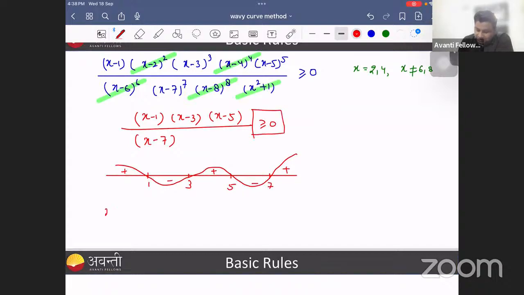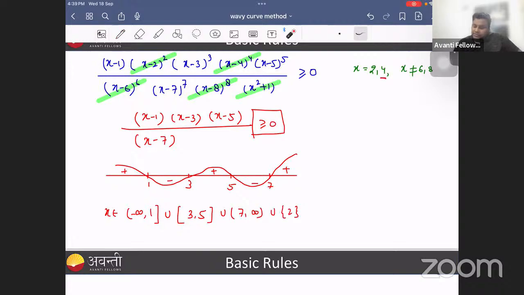More than 0 means x belongs to minus infinity to 1 inclusive, because it is the root of the numerator, union 3 to 5, again both inclusive, union 7 to infinity. Now see, 2 should be a part of the final answer, which is not there, so you have to include it separately. 4 should also be a part of the final answer, which is already in 3 to 5. Got it? 6 and 8 should be excluded.